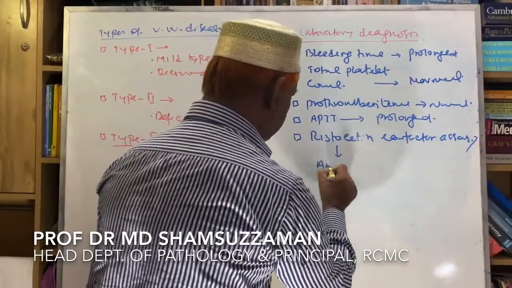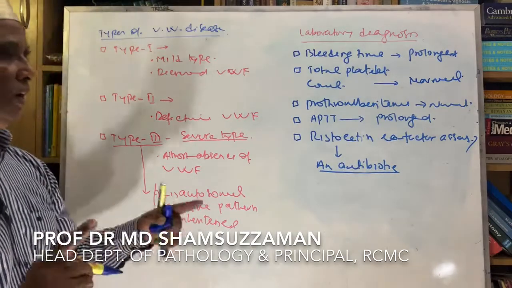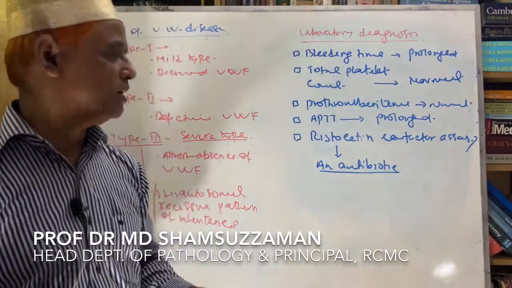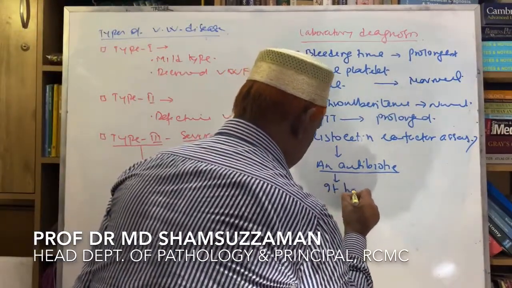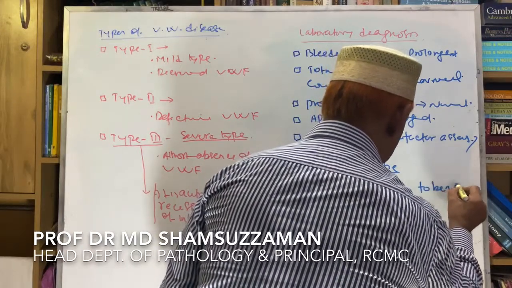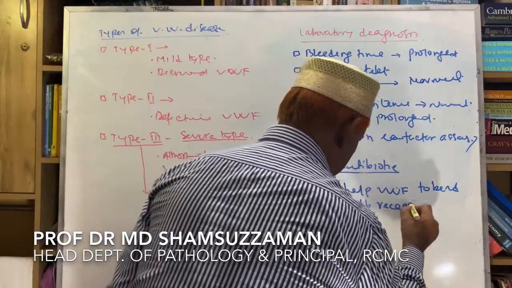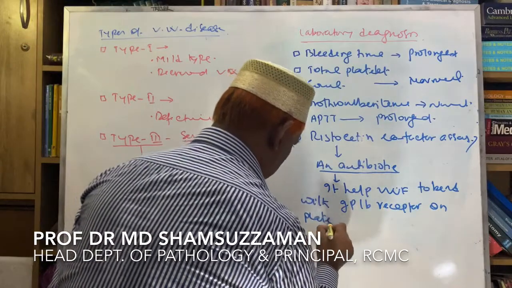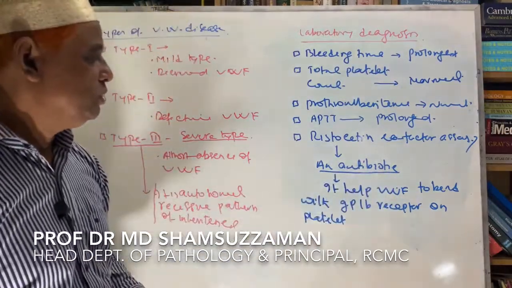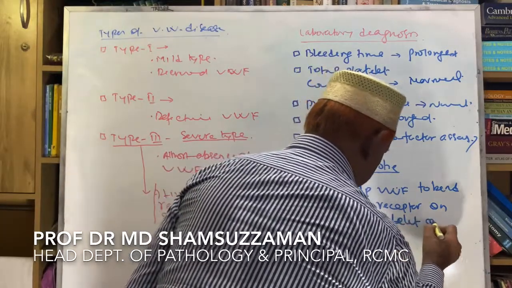Ristocetin is nothing but an antibiotic, and this antibiotic ristocetin helps von Willebrand factor to bind with the glycoprotein GP1B receptor present on the platelet, and so it helps in platelet aggregation.